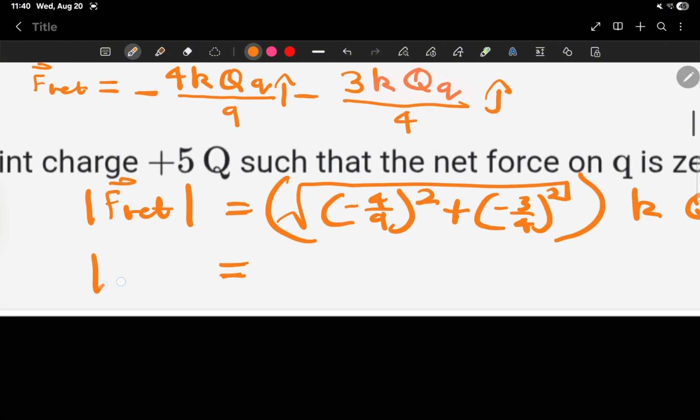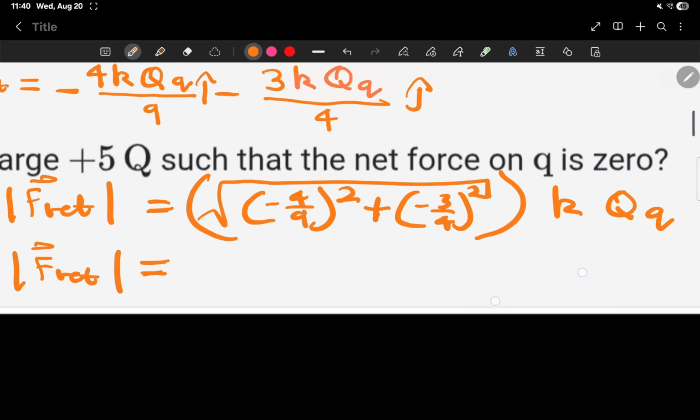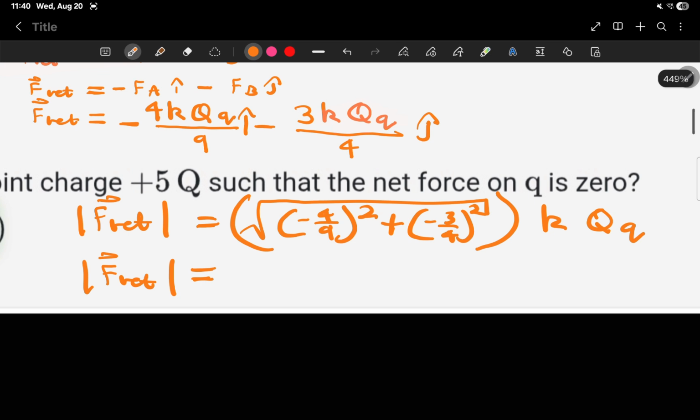And so we get the magnitude of the net force to be the square root of... we get 0.8718 k big Q small q.